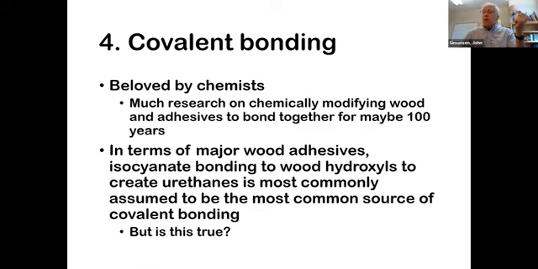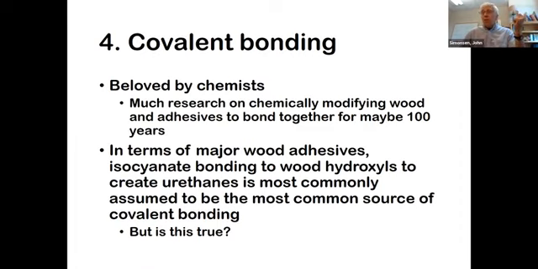So there has been some debate in the literature, or discussion at least, about how much this bonding of isocyanates to wood hydroxyls contributes to the bond strength of isocyanates, because isocyanates are an excellent adhesive for wood. I think the general consensus today is that while, yes, this is possible, yes, it does happen, it's not the major source of the adhesive bond strength in isocyanate glues.